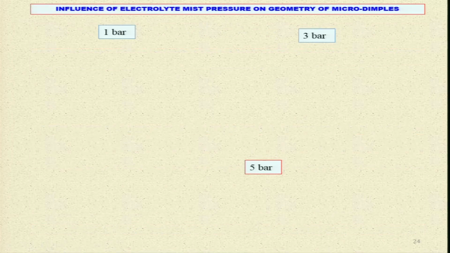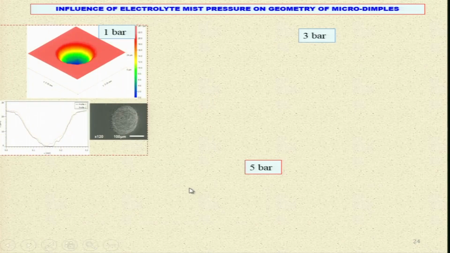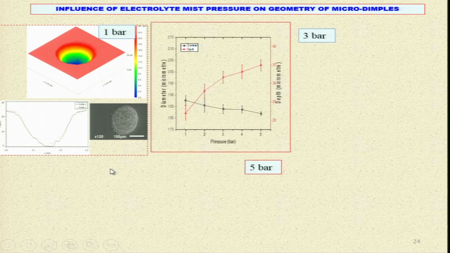Influence of electrolyte pressure on the geometry of micro dimples. You can see over here, this is at 1 bar, and this is the kind of dimple geometry you are getting, and here you can see profile 1 and profile 2. This is the diameter, this is the depth. So, the diameter is increasing.